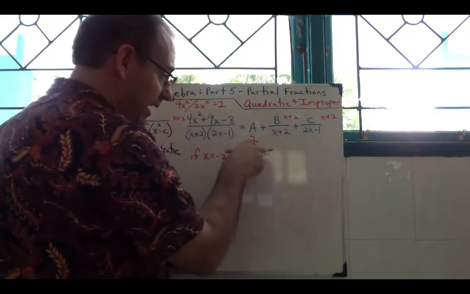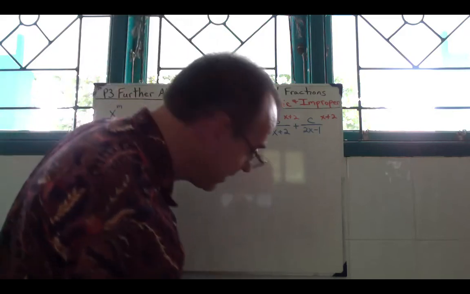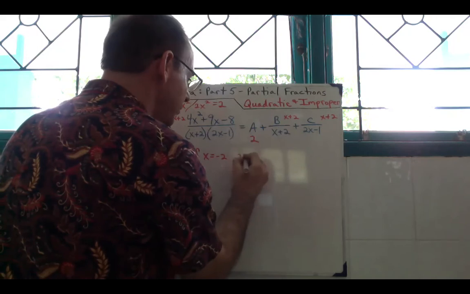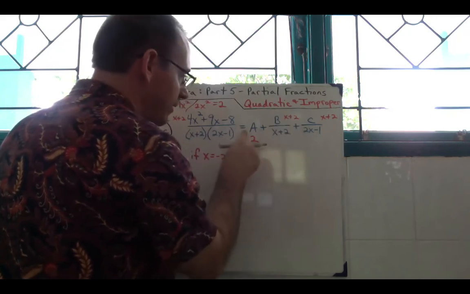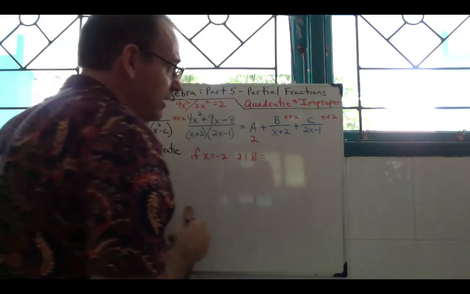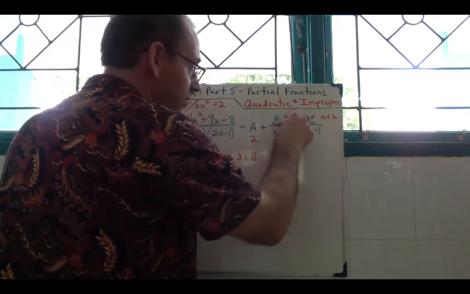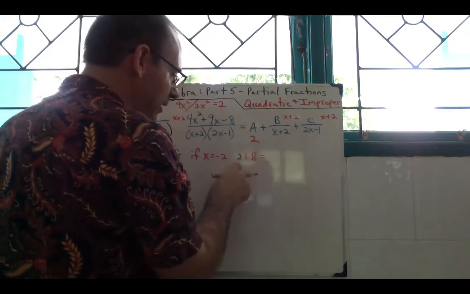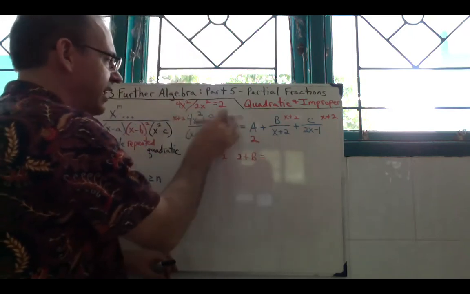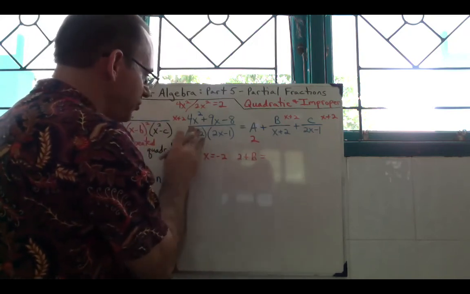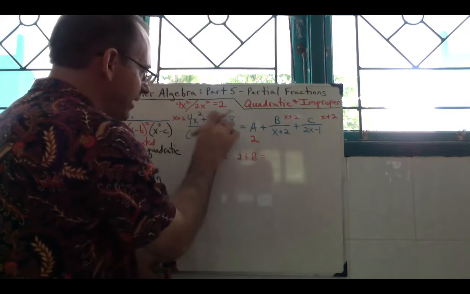Here we already have 2, so actually I need to put 2 plus b, we already know that a is 2, equals, and then this side over here. So this one cancels out, leaving just the b, and a we already know is 2. And on this side of the equal sign, the x plus 2 cancels out, so I just have these right here.